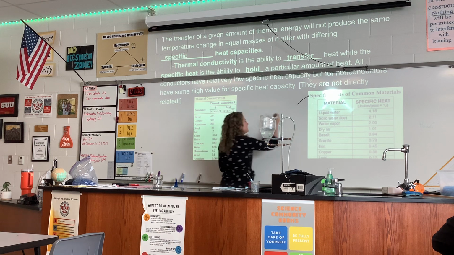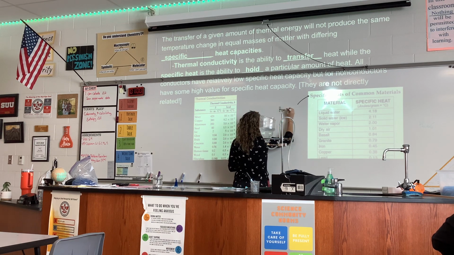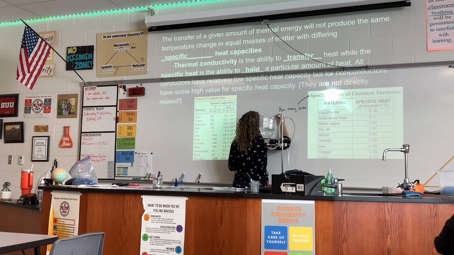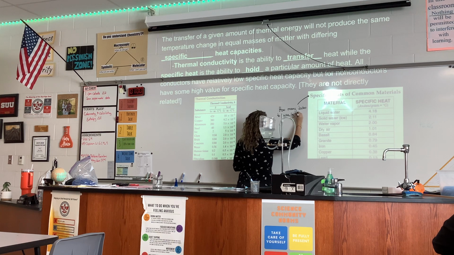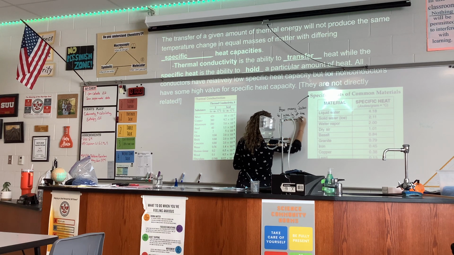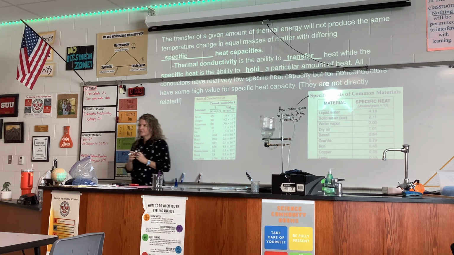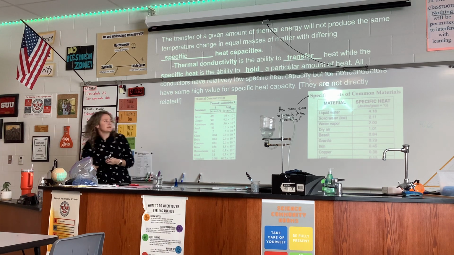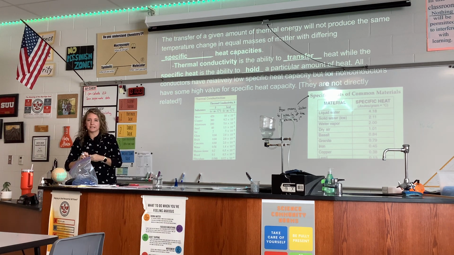Specific heat means how many joules it takes to raise 1 gram of the substance by 1 degree. So it's a constant value, but it changes depending on what you're working with. We'll give some examples here after you write that definition off to the side.